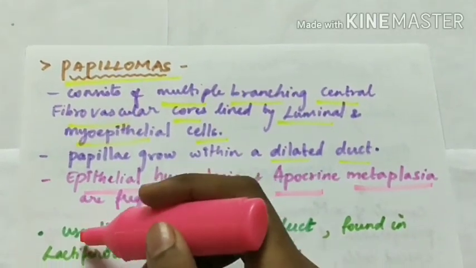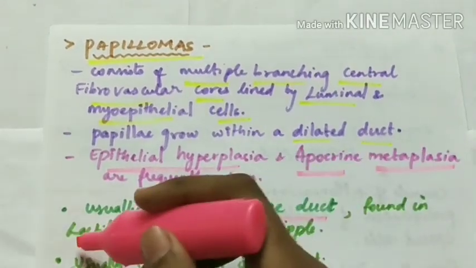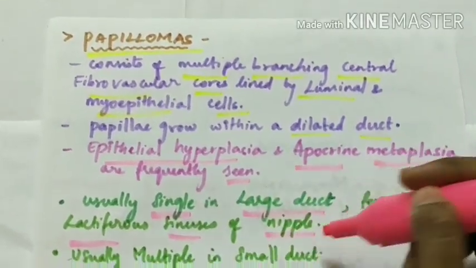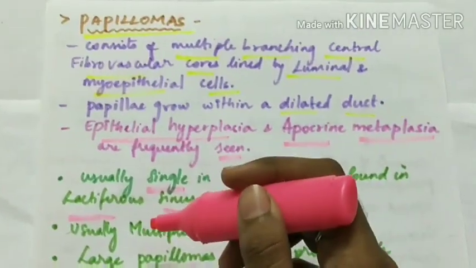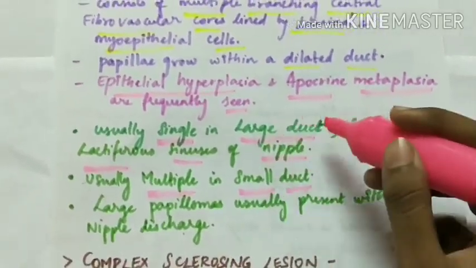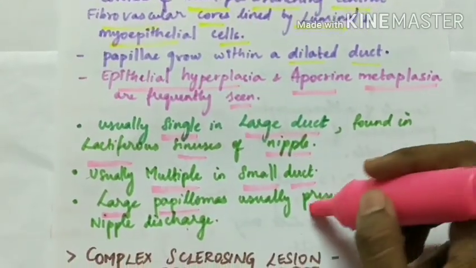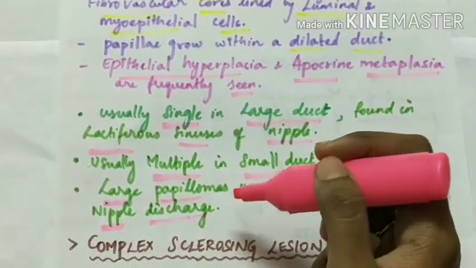Papillomas are usually single in large ducts, found in the lactiferous sinus of the nipple, and multiple in small ducts. Large papillomas usually present with nipple discharge.